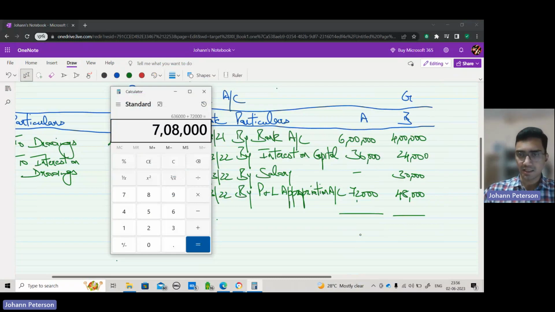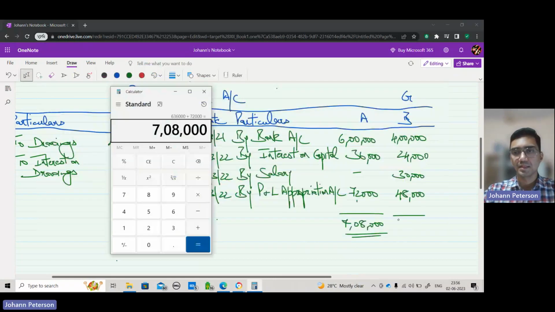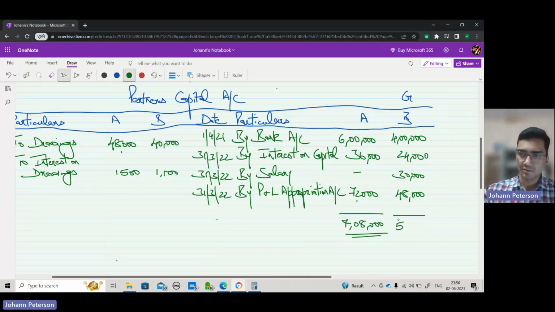So we will have 7,08,000 as the total here. And for the other, 4,24,000 plus 30,000 is 4,54,000, plus 48,000 plus 8,000, 5,02,000.